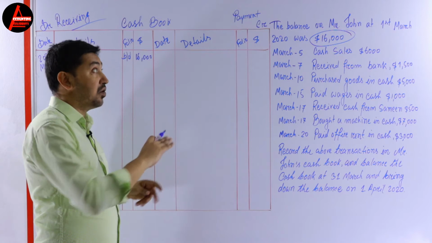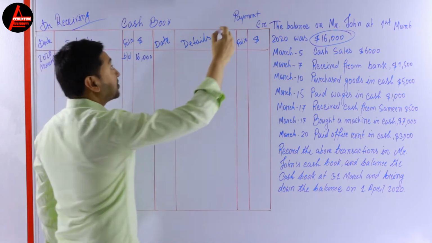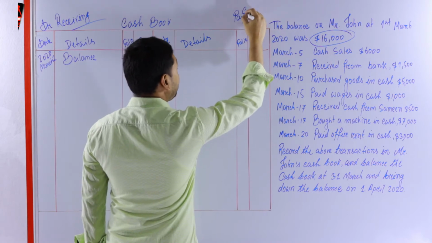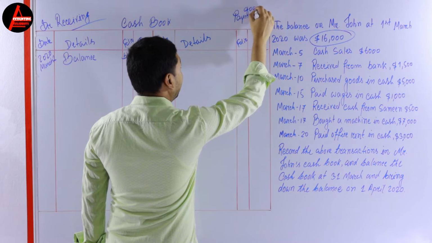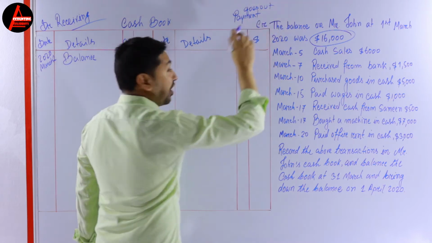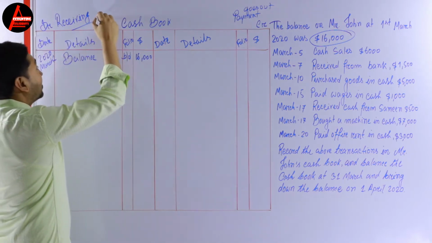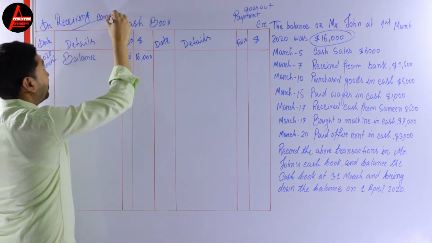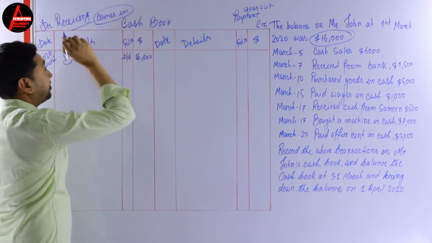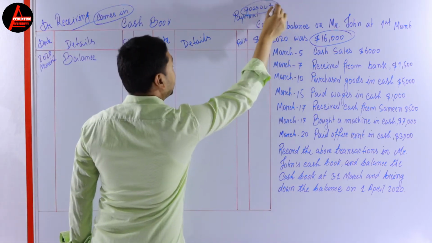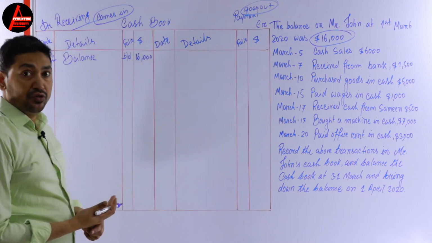If cash goes out, it will be credited. Easy thing. If it goes out, you'll record on the credit side. If it comes in, you'll record on the debit side. Just remember these two terms: comes in, debit side; goes out, credit side.